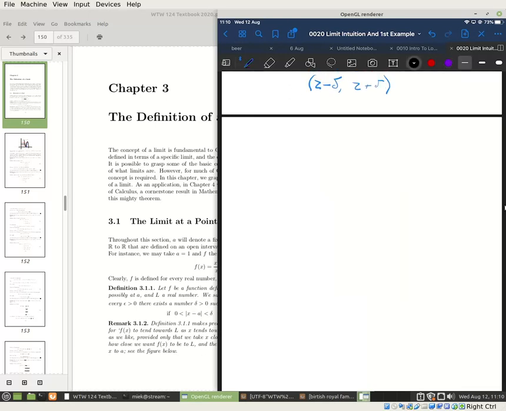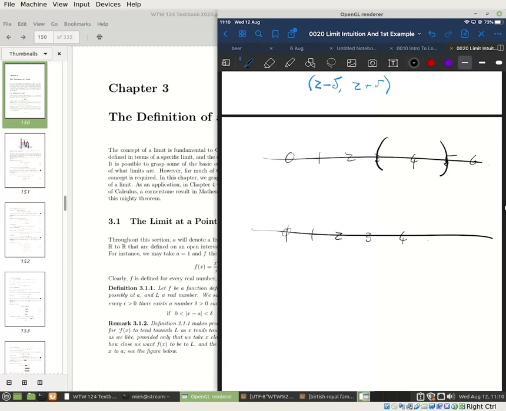So for example, let's do that again. We've got 0, 1, 2, 3, 4, 5, 6, etc. So let's see.